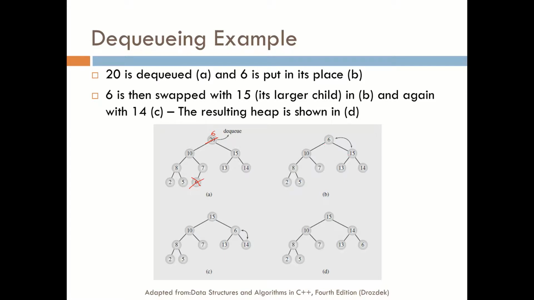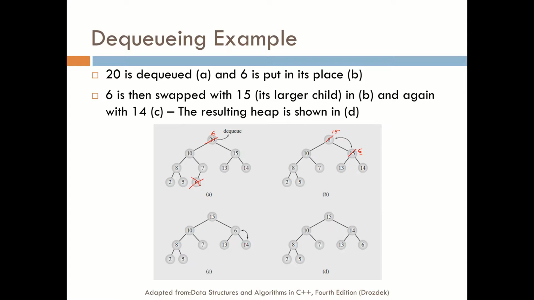6 is less than 10 and 6 is less than 15. But of these two, 15 is the greater one. So we will swap the 6 and the 15. Now the 15 is at the root and the 6 is here. Remember, I'm continuing to heap down the 6. I compare the 6 to both of its children, which are 13 and 14. 6 happens to be less than at least one of those.